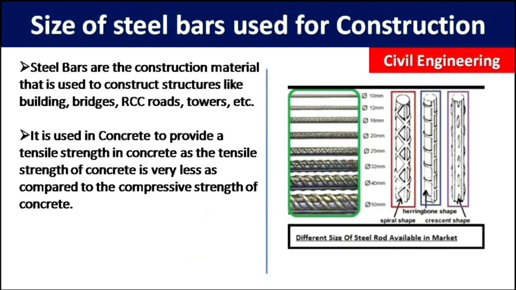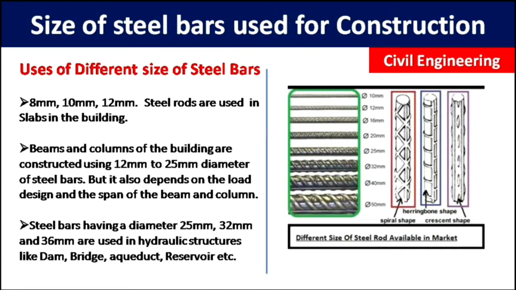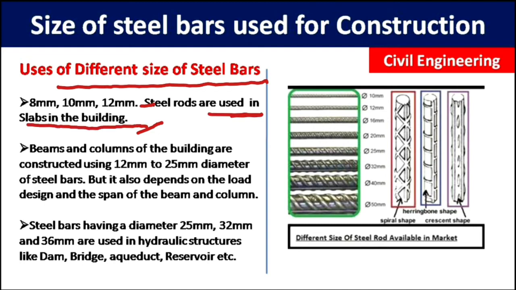Now the main point is what are the uses of different sizes of steel bars. These are very important points: which size of steel bars are used for which types of construction. I have summarized here the most important points you have to know. 8 mm, 10 mm, 12 mm steel rods are used in the slab of the building.